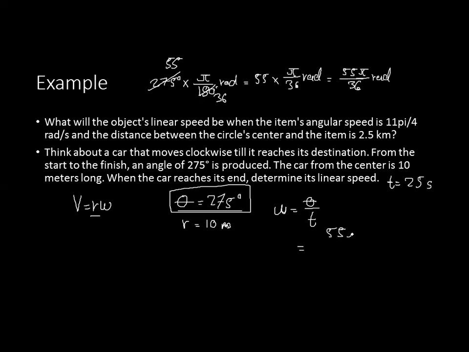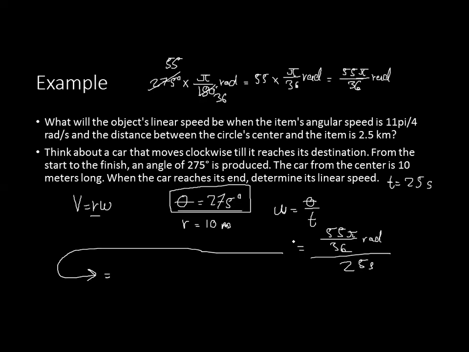So that would be the angle here. So we will have now 55 pi all over 36 radians divided by time, which is 25 seconds. If you multiply this, you will have 55 pi all over 25 times 36.